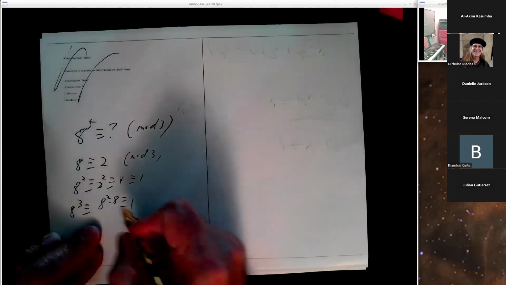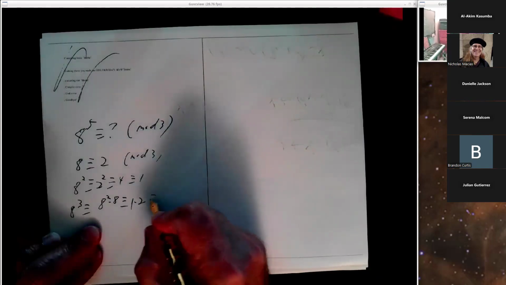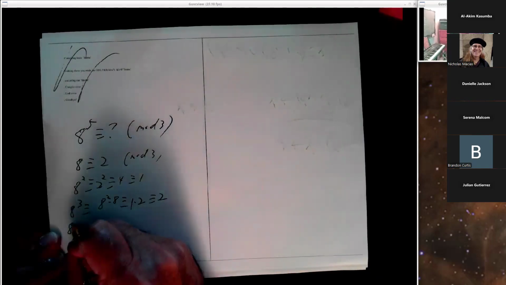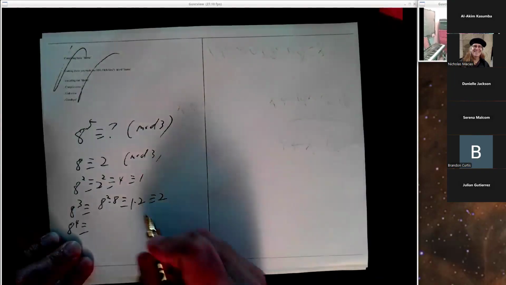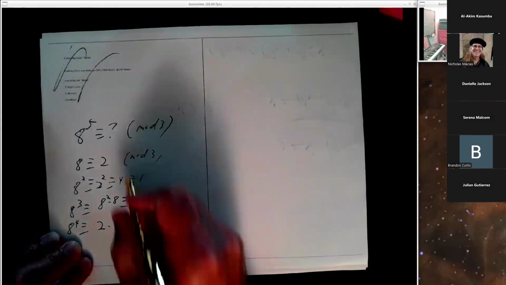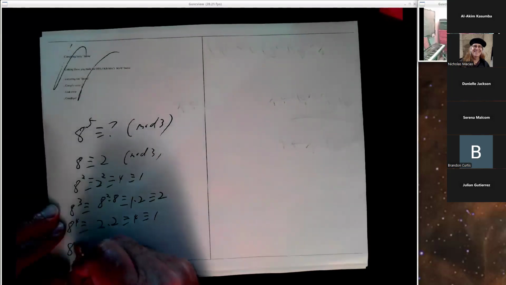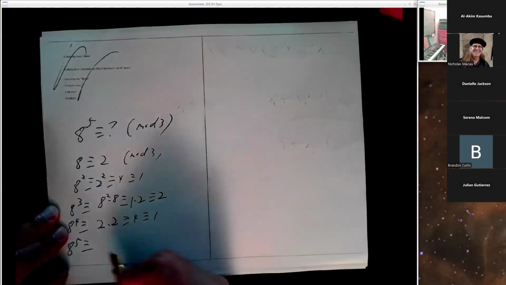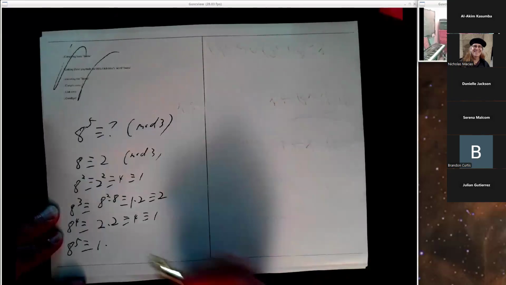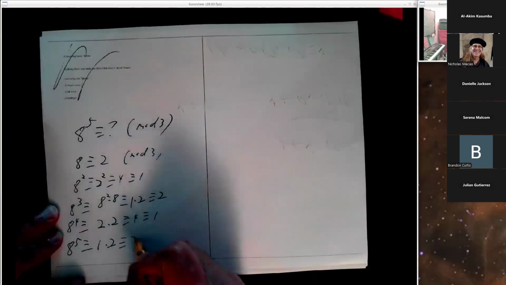Well, 8 squared is 1 and 8 is 2, so that's 1 times 2, which is 2. 8 to the 4th will be congruent to 8 cubed times 8, which is 4, which is congruent to 1, and 8 to the 5th will be congruent to 8 to the 4th times 8, which will be 2.